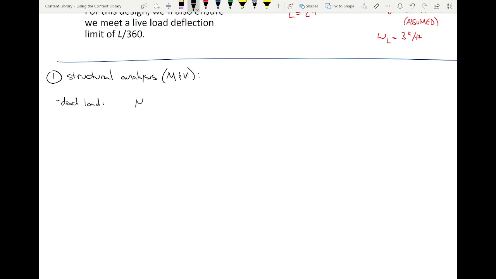And I'm going to say that M dead is (w dead plus w naught) L squared over 8. So that's going to be 1.1 kips per foot times 24 feet squared over 8. And that's the moment.